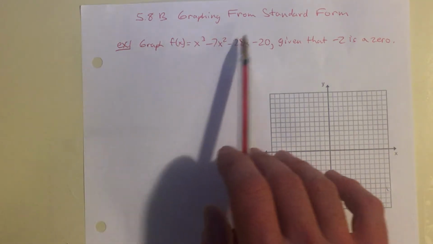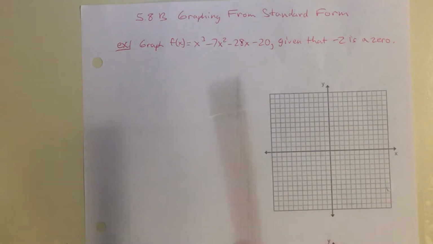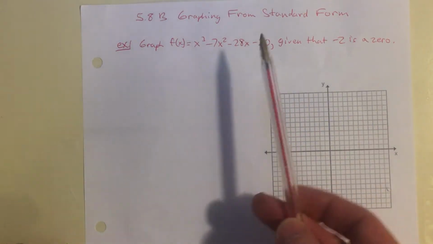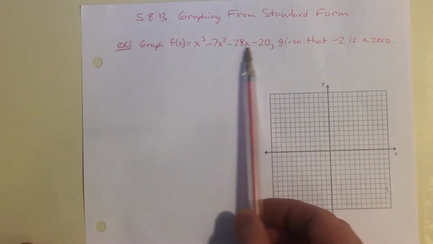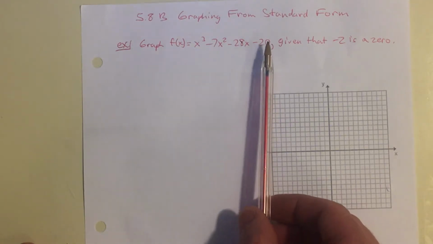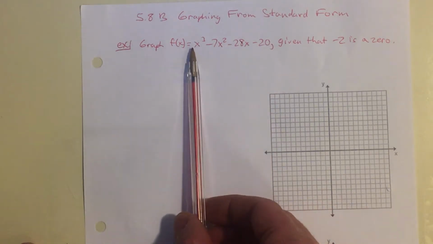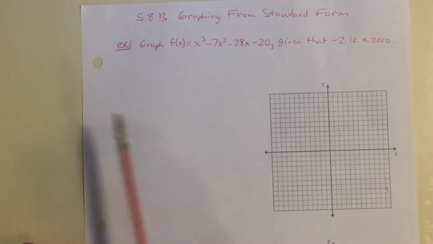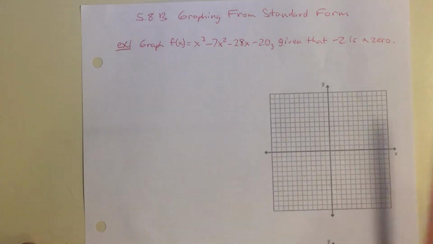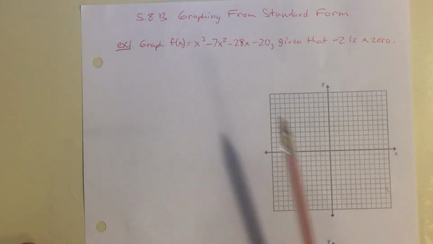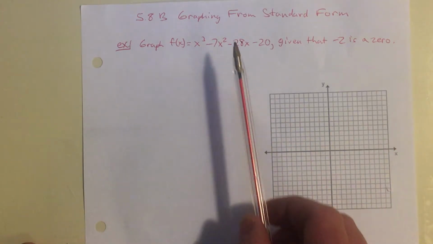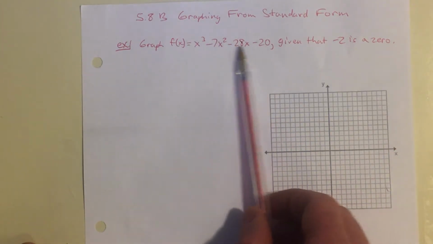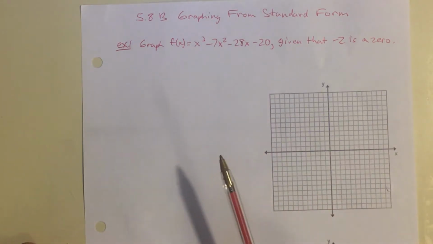You do have 4 terms, so factoring by, well, let me back things up. First, check to see if you could factor out a monomial, because that could happen. But notice we can't factor out a monomial. If there was a negative out front, we would want to factor out a negative monomial and then go from there. But we don't have that situation here. If you tried to factor this by grouping, you'd find out that it would not work.